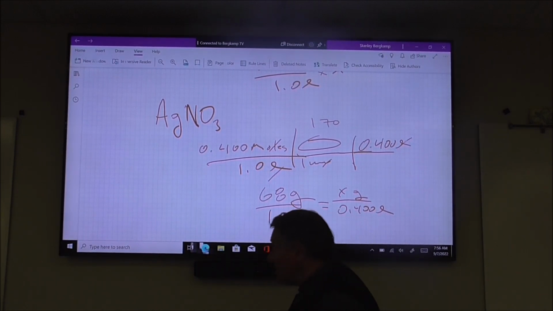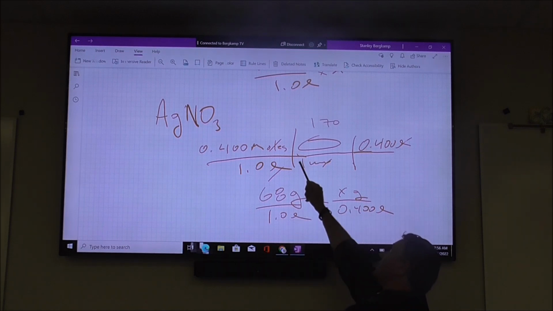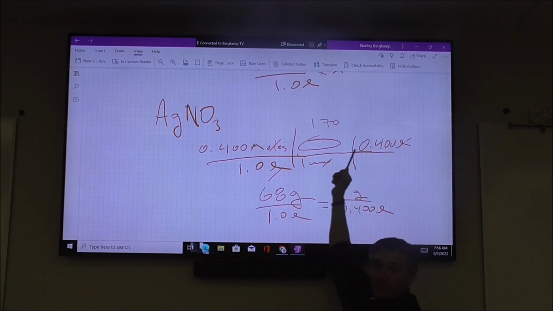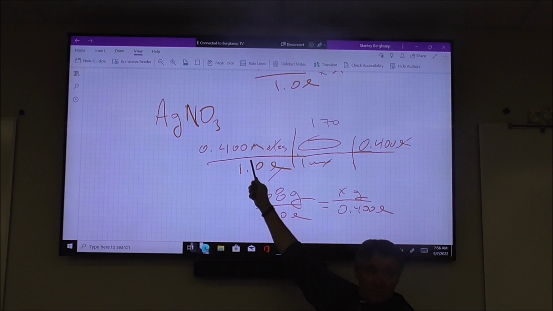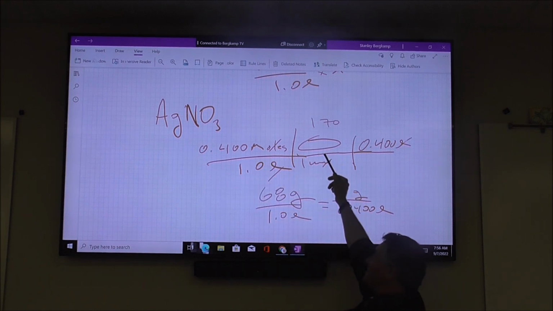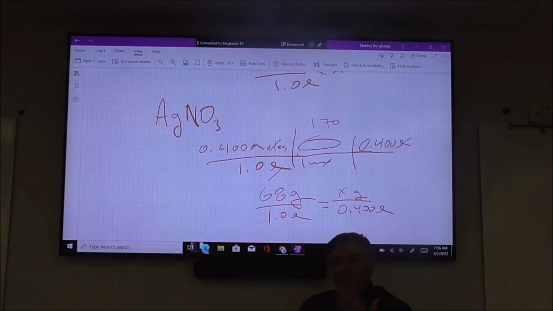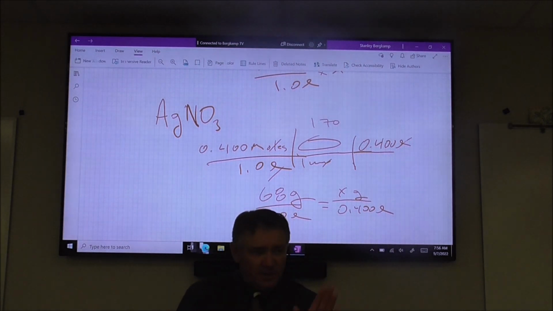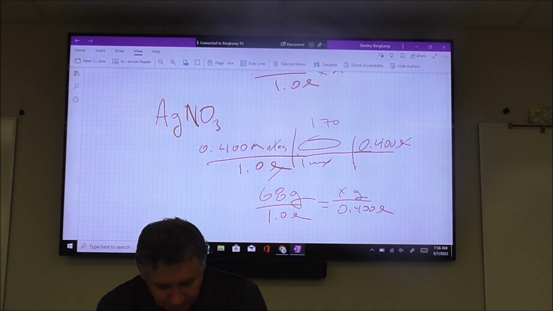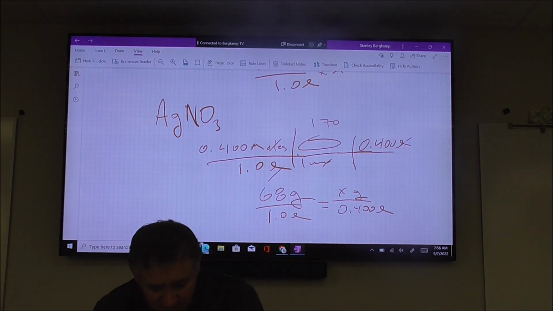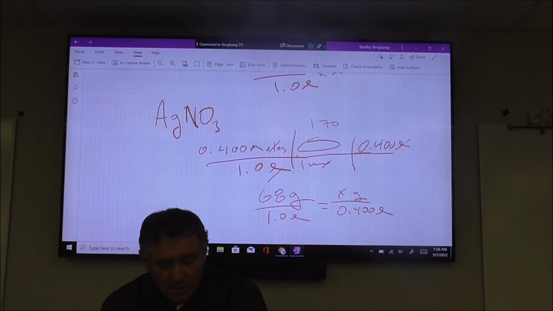So you can either do it all in one big conversion, or you can say, oh, this is 68 grams per 1 liter is going to equal X number of grams over 0.4 liters.